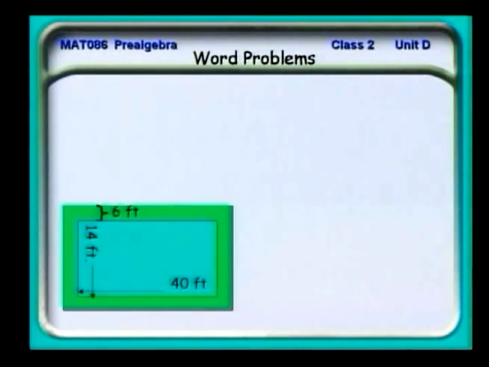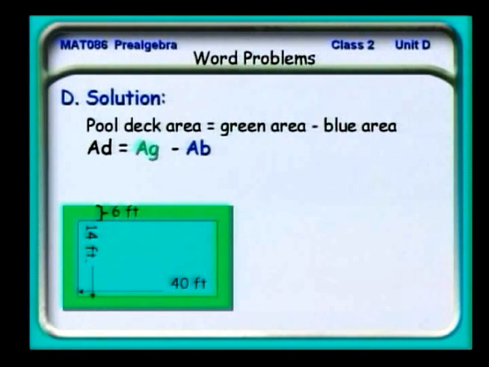Let's solve this problem. So we know that the area of the deck has got to be the area of the larger rectangle, which is the pool plus the decking, minus the area of the blue rectangle, which is the pool itself. So we write the equation that the area of the decking is the area of the green minus the area of the blue.